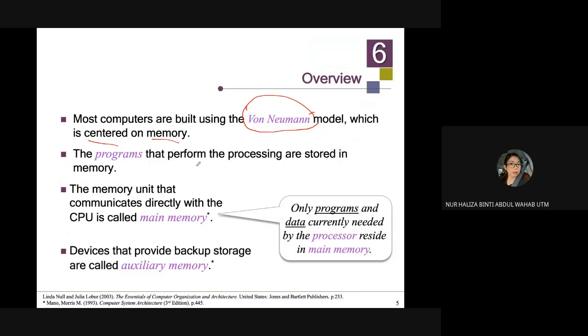The program that performs the processing is stored in memory. So if you have a program, you're going to store it in memory. The memory unit that communicates directly with the CPU is called main memory.